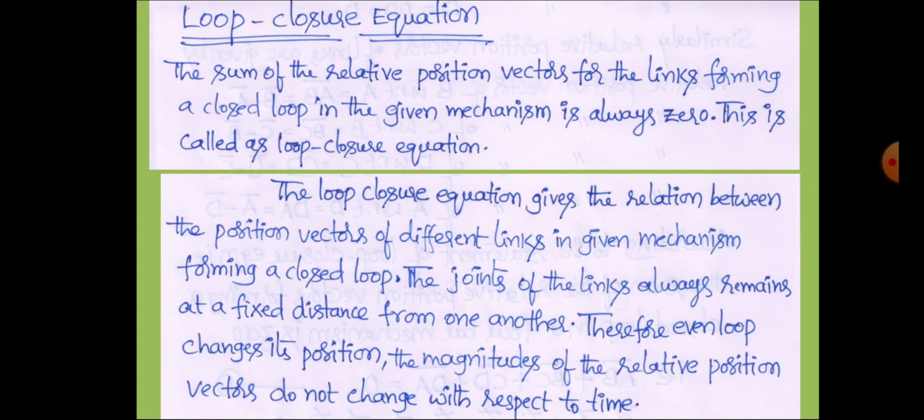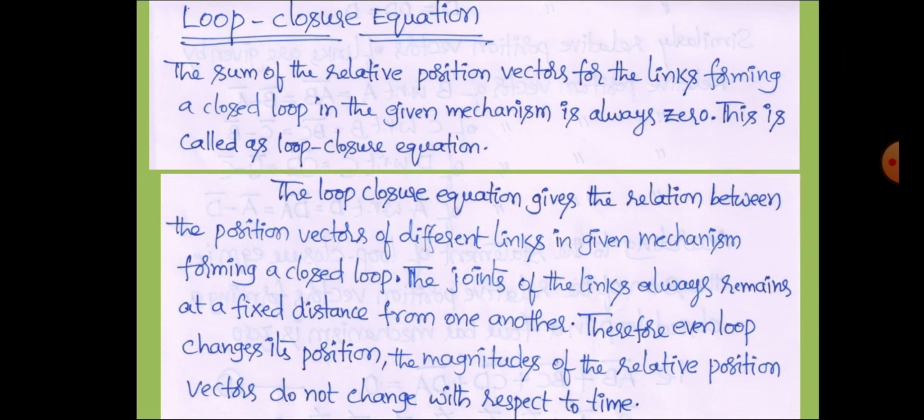So what is loop closure equation? The sum of the relative position vectors of the links in a given mechanism that forms a closed loop is called a loop closure equation. The loop closure equation, what it gives? It gives the relation between the position vectors of different links in a mechanism forming a closed loop.